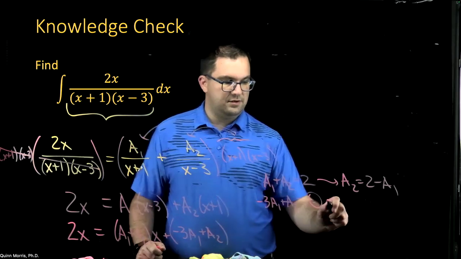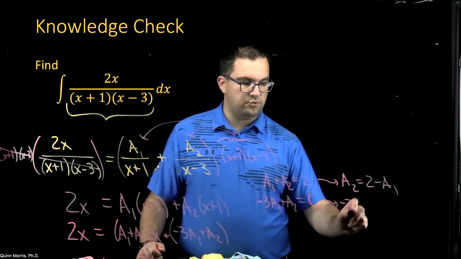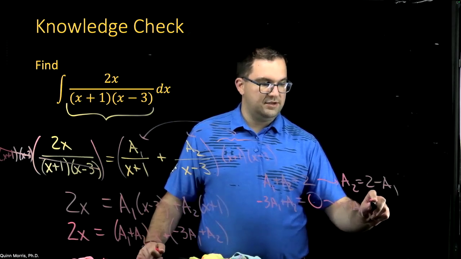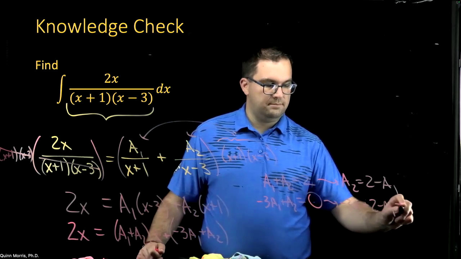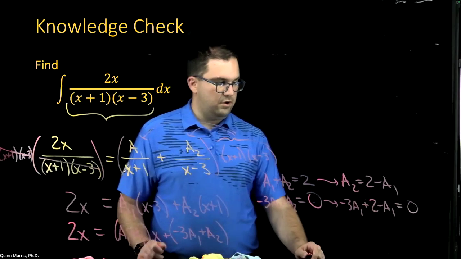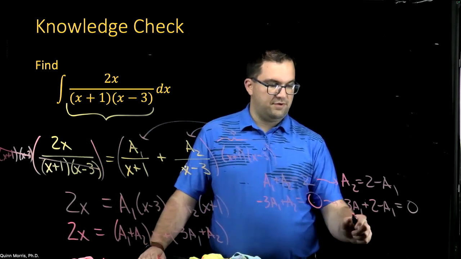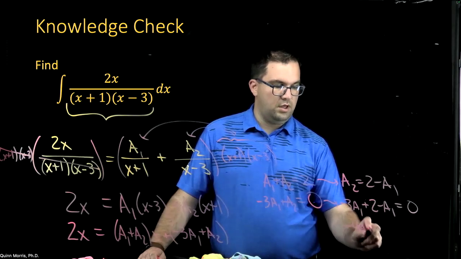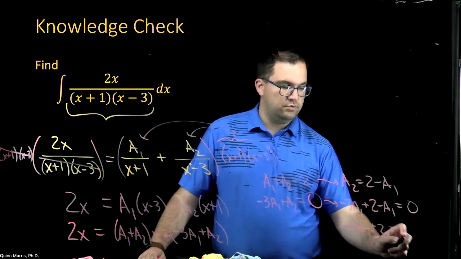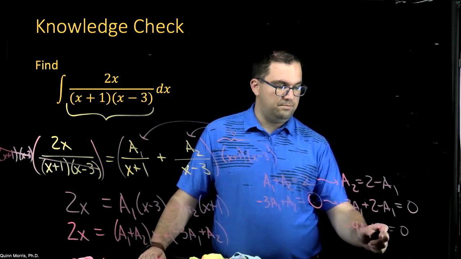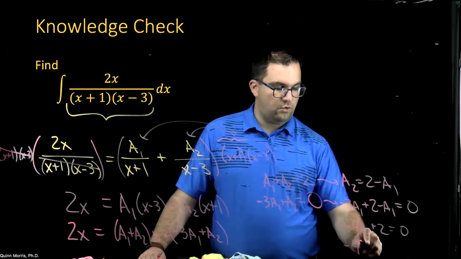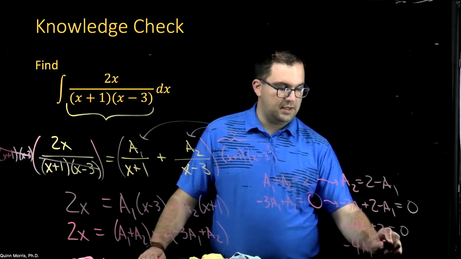Now I'm going to plug that into the second equation. So I'll get minus 3A1 plus A2, but A2 is 2 minus A1, should be equal to 0. And so if I simplify that a bit, that gives me minus 4A1 plus 2 is equal to 0. If I move this over, that gives me minus 4A1 is equal to minus 2.